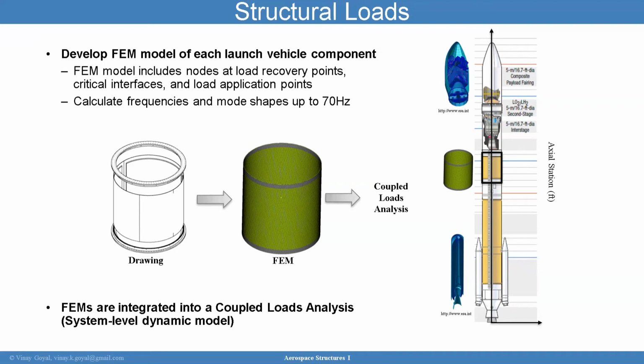The finite element model has to include nodes at load recovery points. So a critical interface, let's say I want a critical interface at this interstage. If I have this interstage, I want to have a recovery point here, every so often, because that's going to give me the information I need to then run a test, for example.